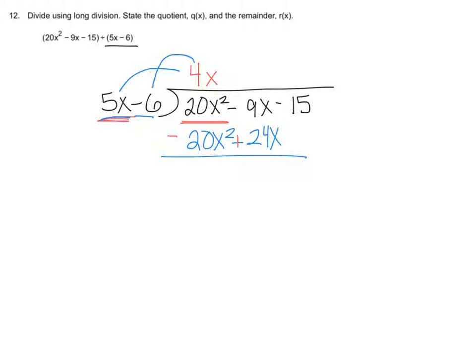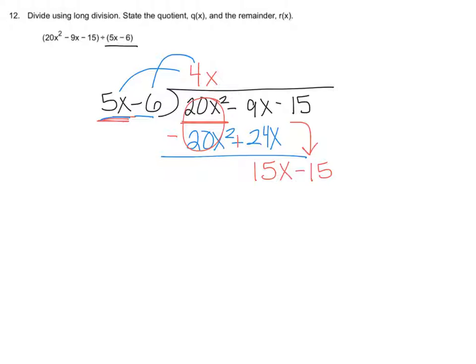Now we'll combine like terms. 20x squared minus 20x squared is 0, and then a negative 9x plus 24x gives me a positive 15x. Next, we'll bring down the negative 15, and we'll start this process over again.